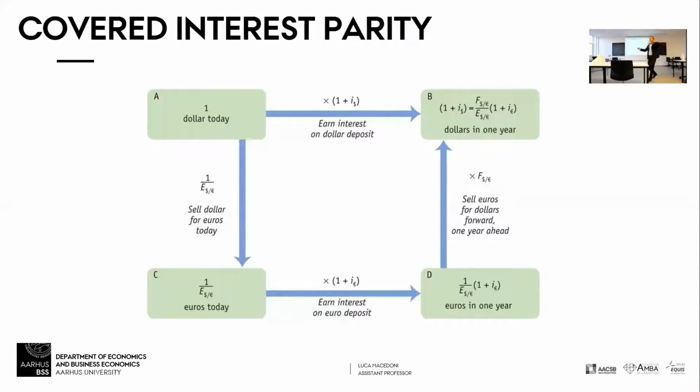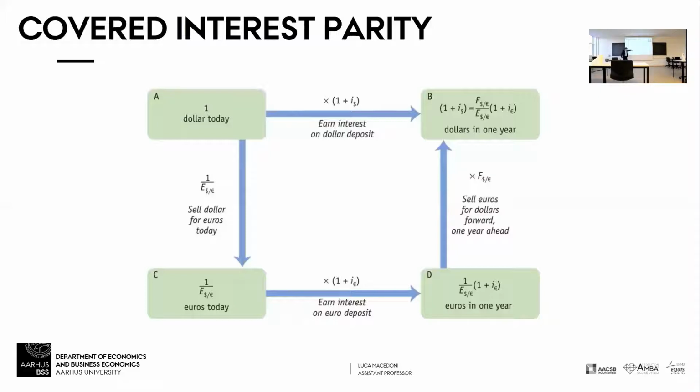Let's do the same thing in Europe. You do the same thing in Europe, but you have to do one thing first. Well, you need to exchange dollars for euros. You have $1, you cannot buy a Euro bond in dollars, you have to buy them in euros. So you divide by the exchange rate here, okay? And so now you have 1 over the exchange rate, euros today.